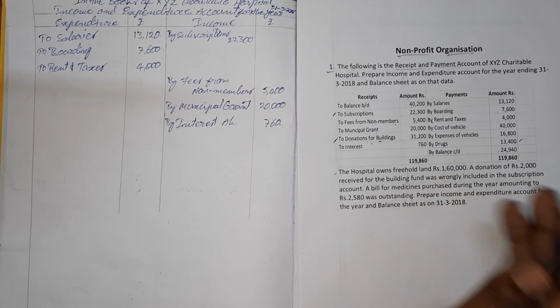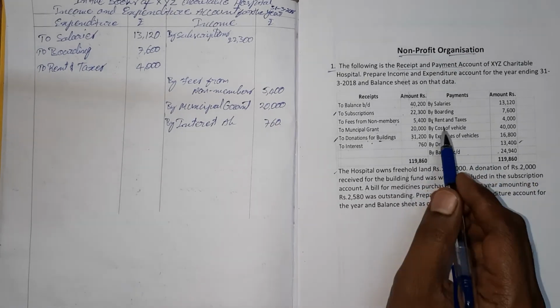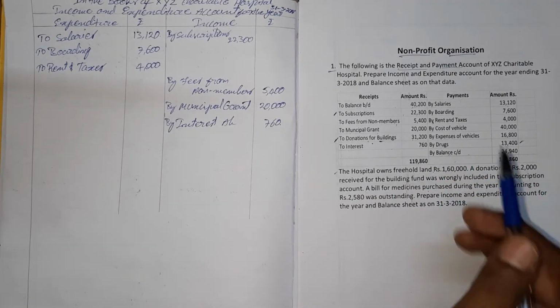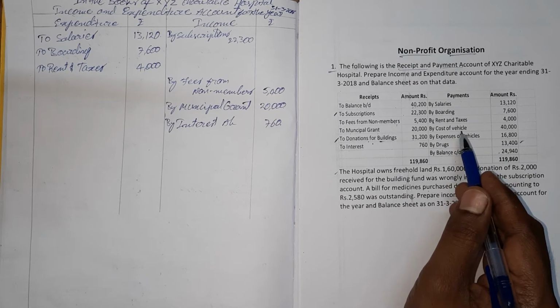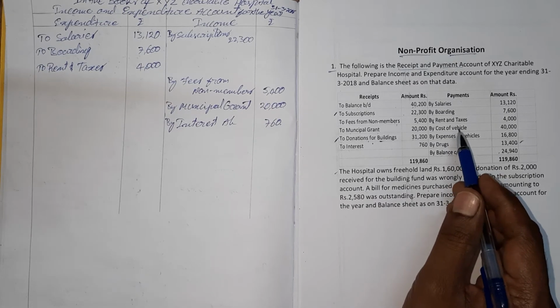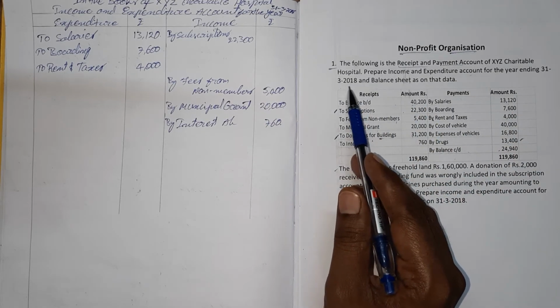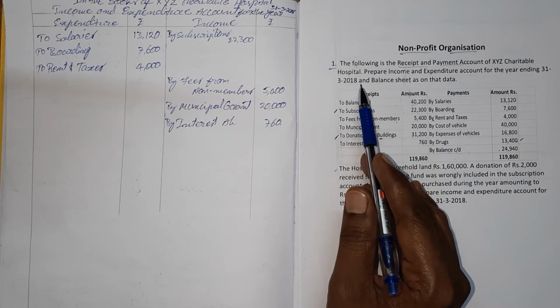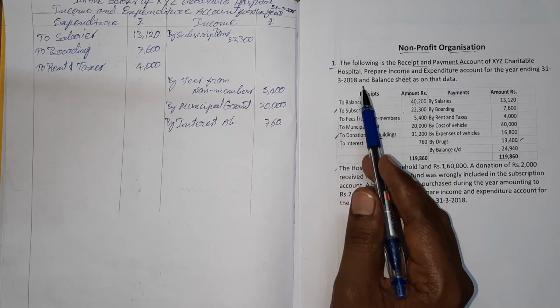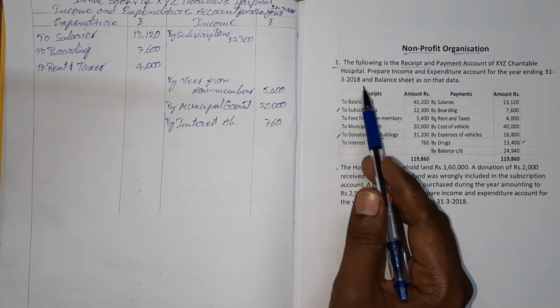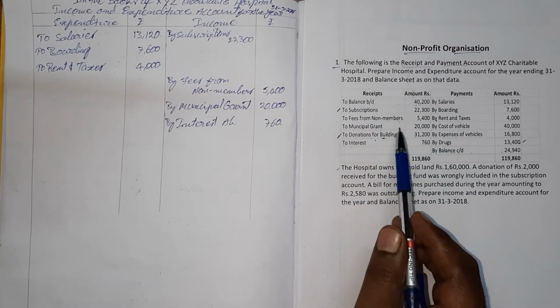And by cost of vehicles, vehicle is an asset. This asset is purchased in this year, that is, from 1st April 2017 to 31st March 2018.